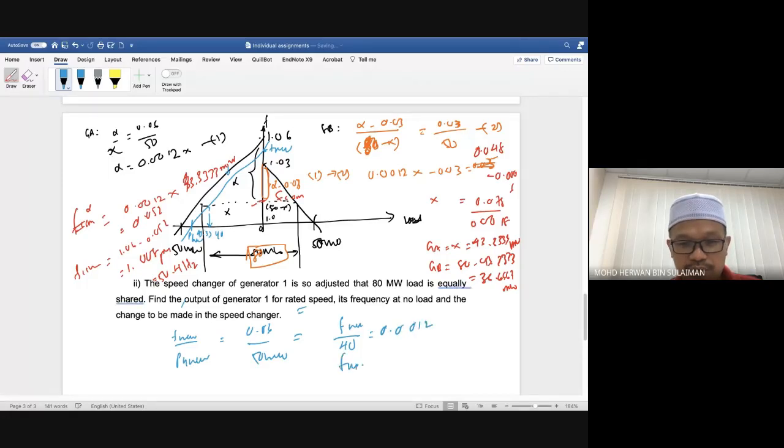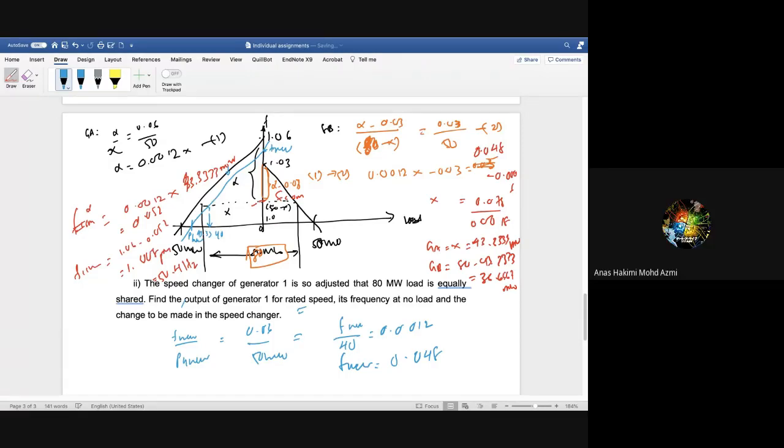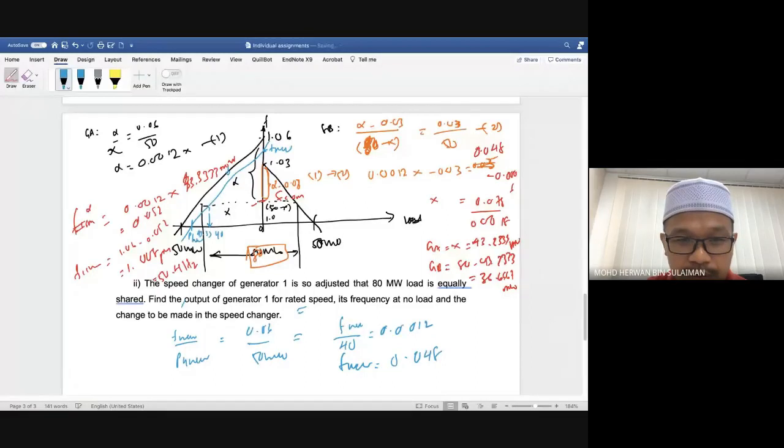So your F new equals to times 40, 0.48. Here is 0.48. F new kita ambil berapa, sir? Kita tak tahu. Kita nak tahu ni sekarang ni.